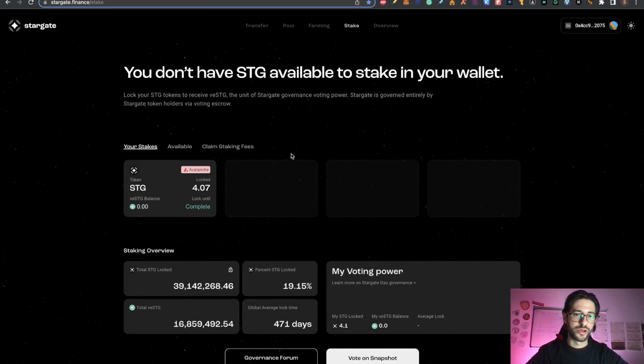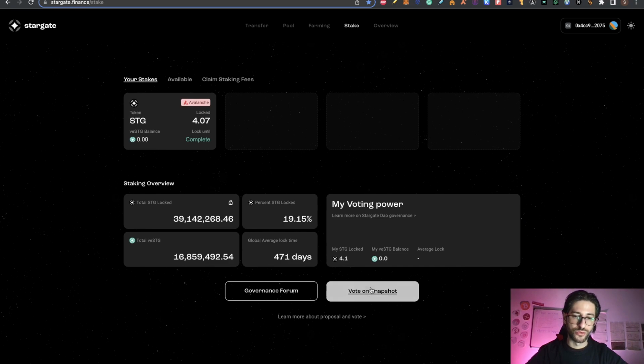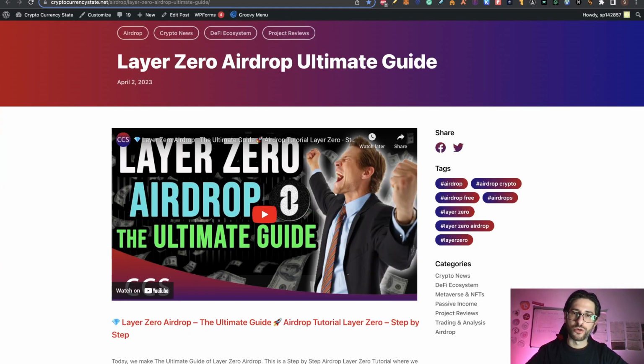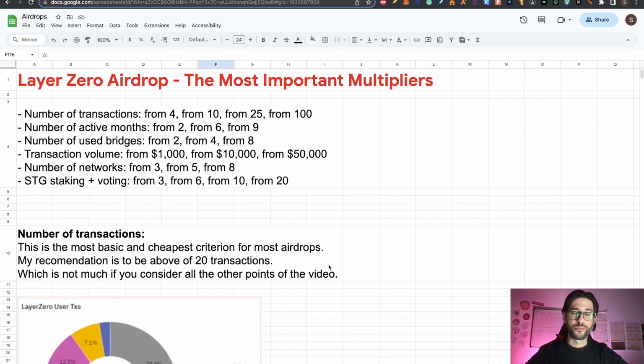You can see it all here, you will need to stake STG tokens and you will get a veSTG balance. This is going to allow you to vote on the different things and vote on the snapshot. So you click here and you go there. To get more information about this, you can go and check my video on layer 0, the ultimate guide. It's everything there. And guys, these are the most important multipliers for your layer 0 airdrop.